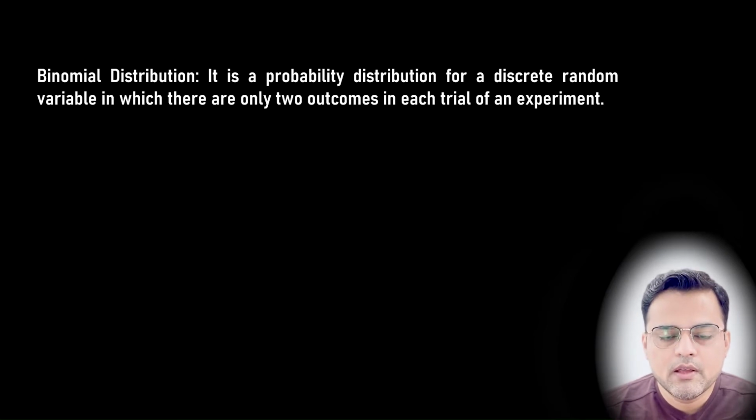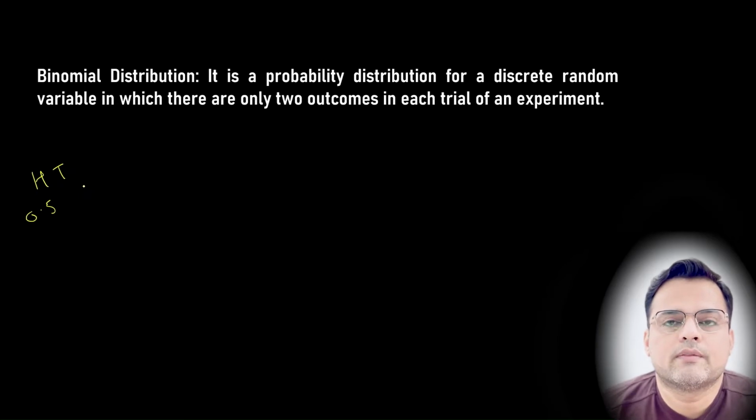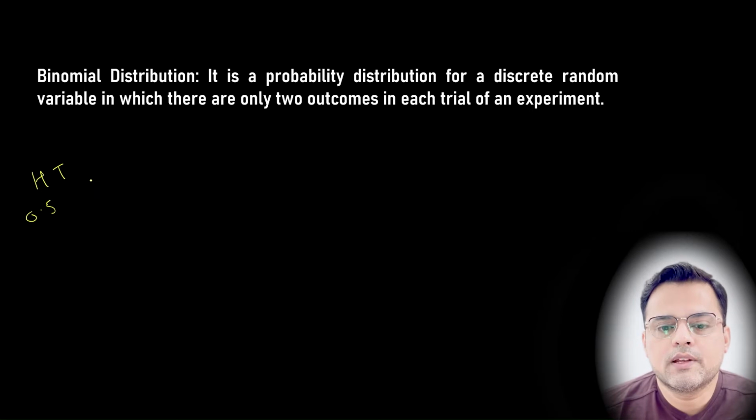For example, if you are tossing a coin, it can get head or tail and the probability of both the cases is 0.5. Let's understand this binomial probability distribution with an example.